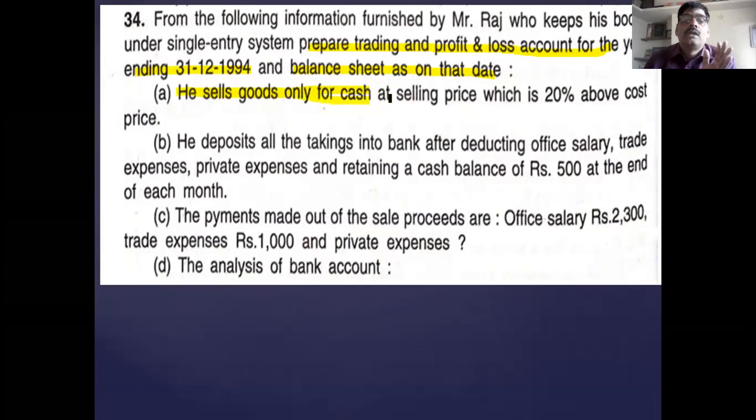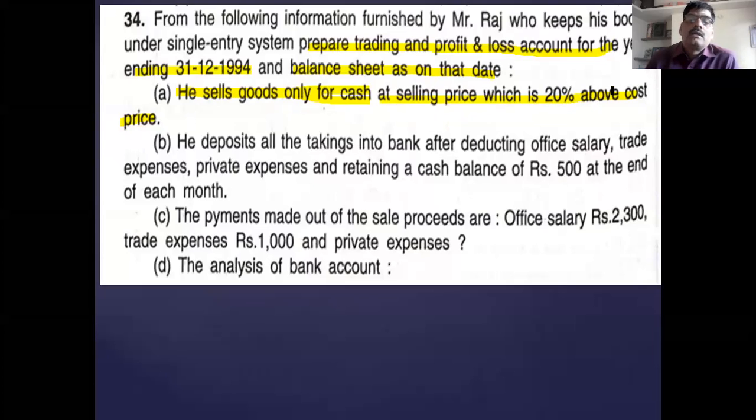Okay, remember this. And selling price is 20% above cost. 20% above cost means whatever they purchase, for that they add 20% on cost, and that is the gross profit.